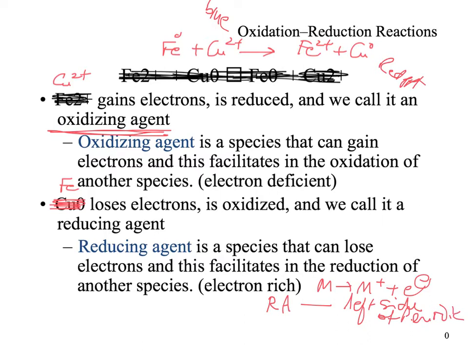On the other hand, nonmetals tend to gain electrons better, and so they would behave as oxidizing agents. So nonmetals, or elements that are more on the right side of the periodic table, are going to behave better as the oxidizing agent.